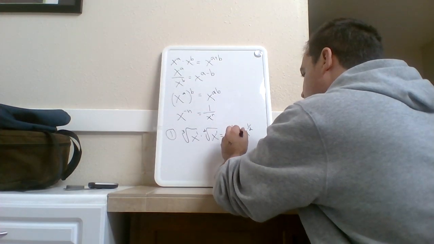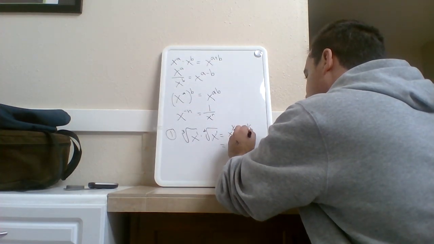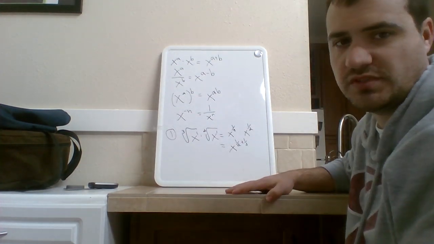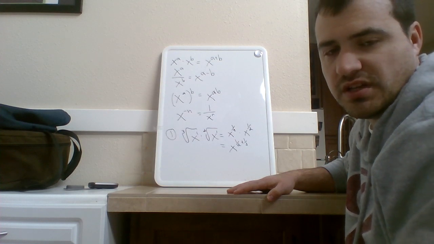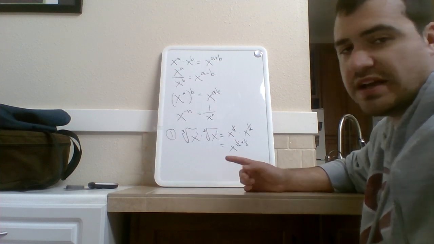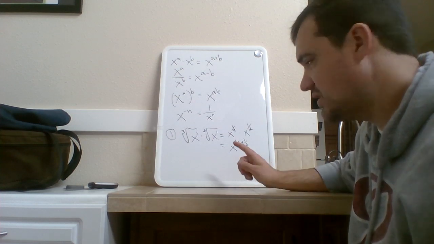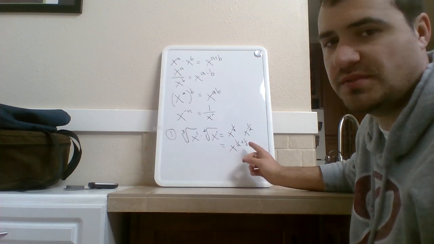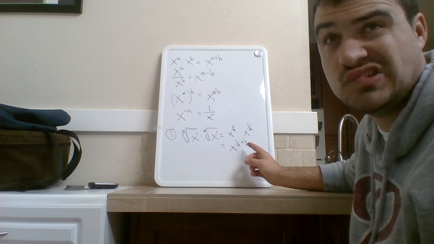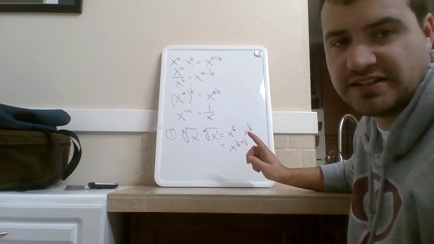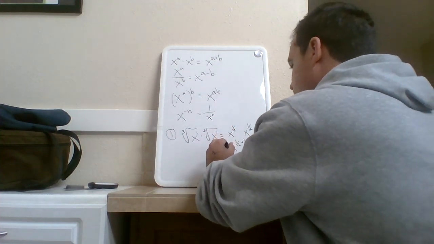So we can do 1/2 plus 1/3. Okay. And here, we're adding with fractions. So we need to get a common denominator. Between 2 and 3, that common denominator would be 6. Okay.